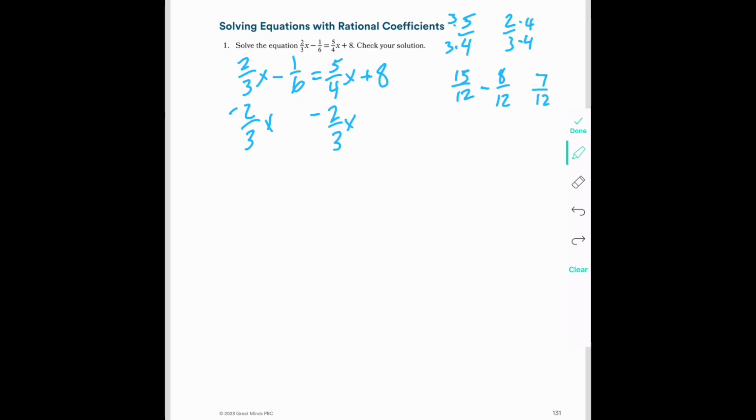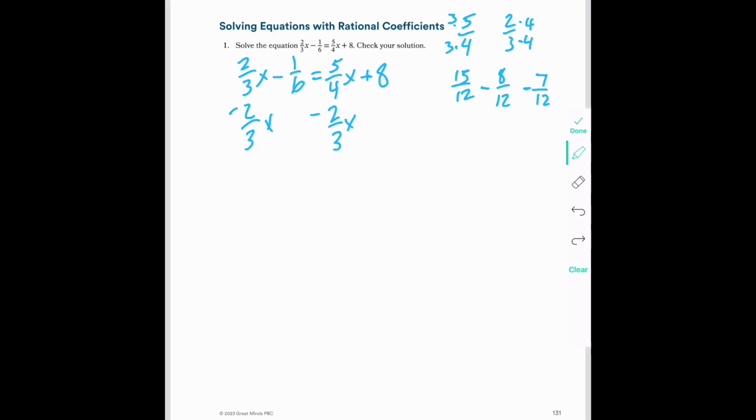So it looks like I made the correct decision of choosing to get rid of the 2/3 x versus the 5/4 x, because I'm pretty sure if I did it the opposite way, I still would have had to find the common denominator, so I still would have been working with these two fractions, but instead of the 15 being first, it would have been second, which would have made this fraction negative.